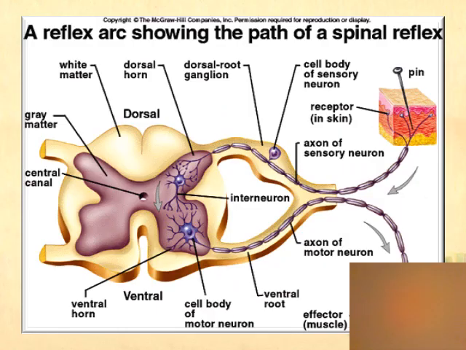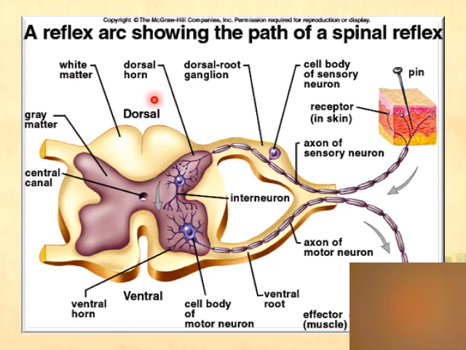Have you ever asked yourself why the reflex actions play an important role inside our body? Why is the nerve message directly sent to the muscle and it doesn't go to the brain?